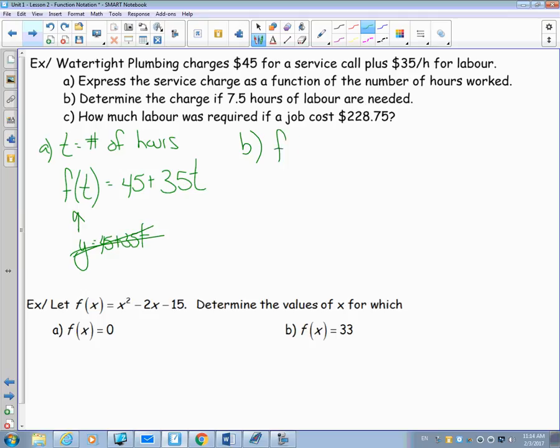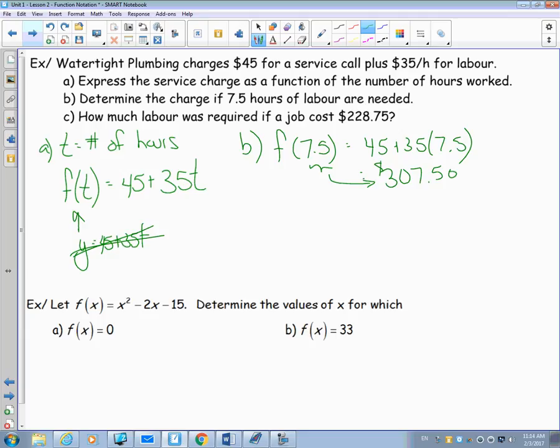So in other words, when time is 7.5, we use our equation, 45 plus 35 times 7.5. You punch that into your calculator, and I got 307.5. So we're being told if you work 7.5 hours, it's going to cost this much. And that's dollars, we can put 50 cents there.